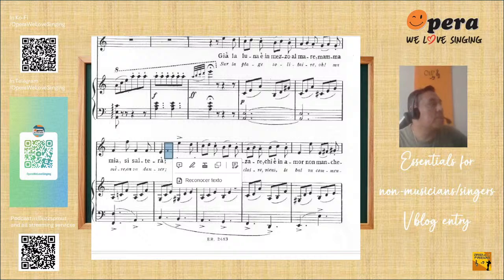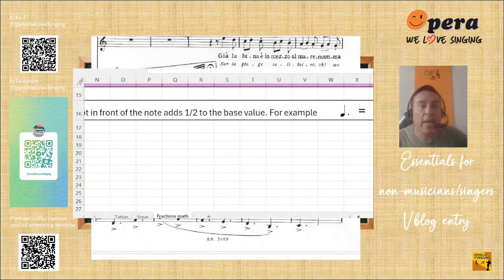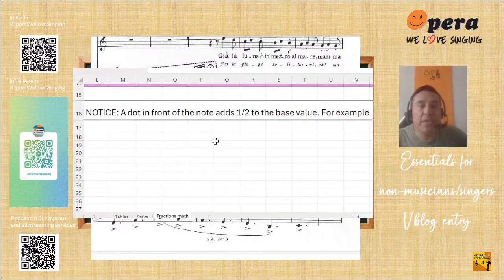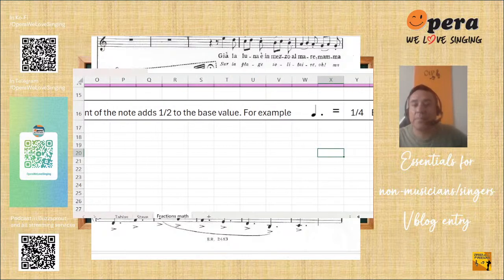What I was saying is a dot in front of the notes adds half of the base value. So the base value of this guy here is a quarter. But if it has a dot, then it has half of the value added. What is half of 1/4? It's 1/8.